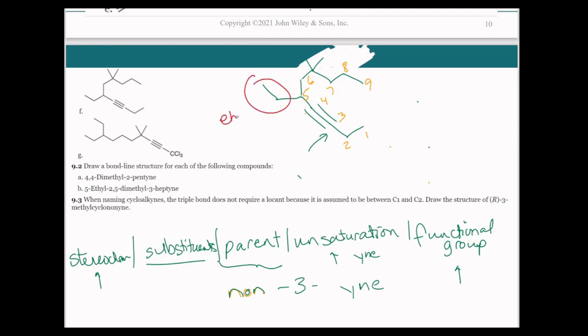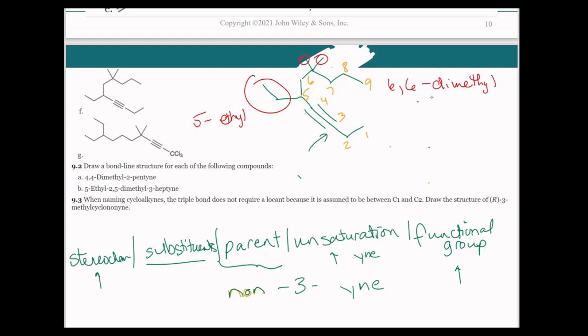All right, and the ethyl is at the 5th carbon, so we could call that 5-ethyl. And then we have 2 methyls here, so that would be 6,6-dimethyl. Okay.